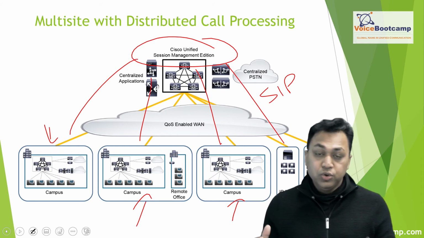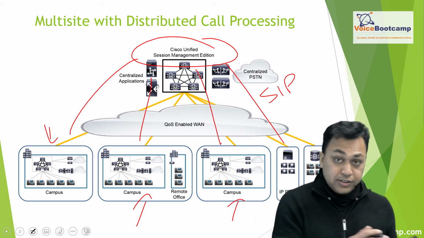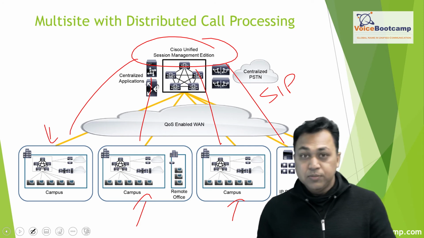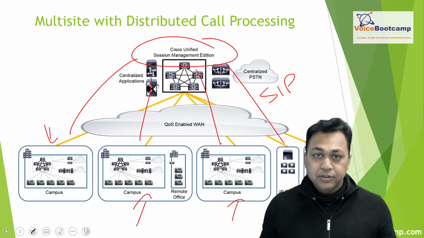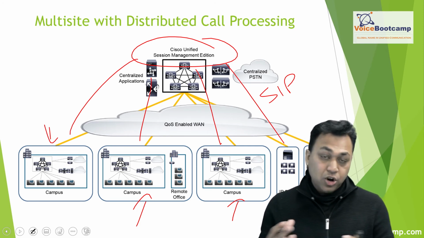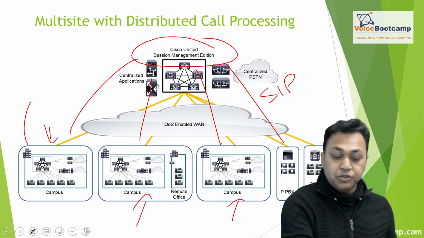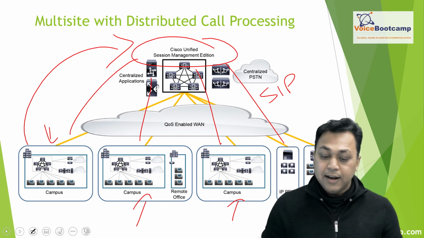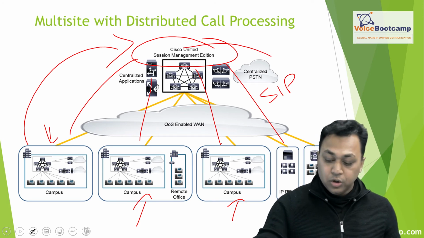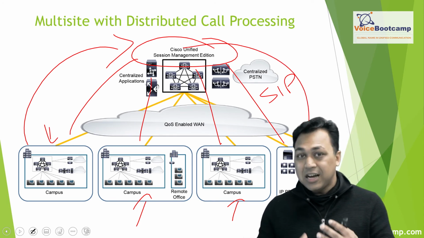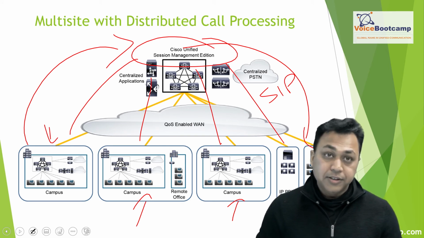So you could use a multi-site because each location is a separate site, and distributed because they're all independent. If you want to send a call from Toronto to, let's say, India, you send the call to this distribution network, SME, and then that call will go to India. That's how the communication works for a multi-site.